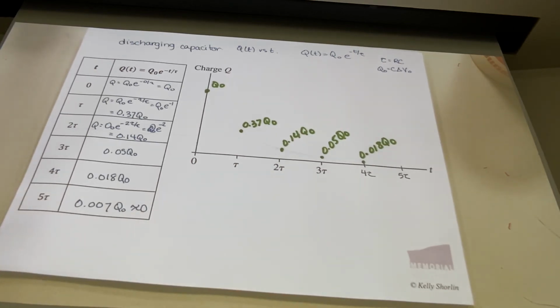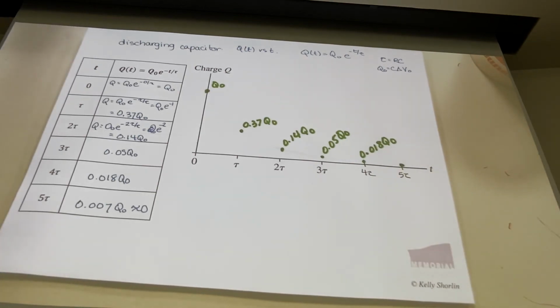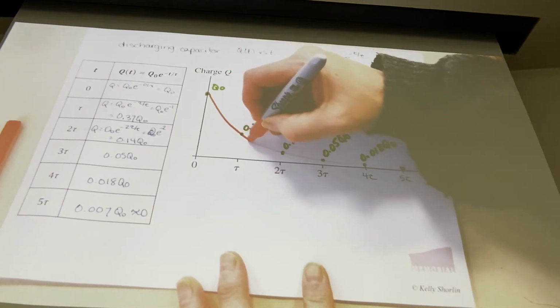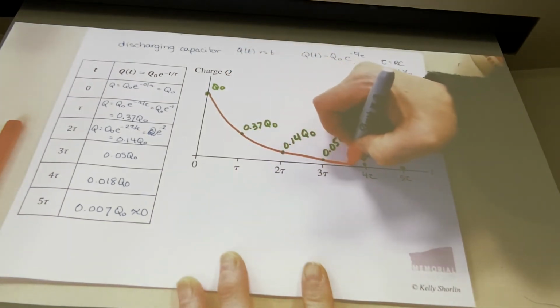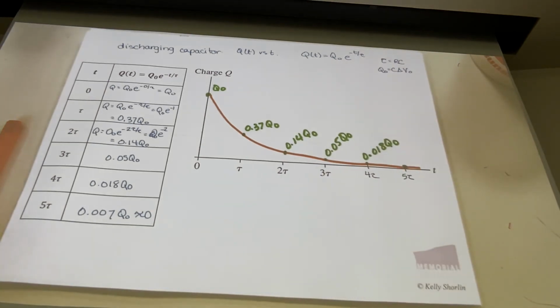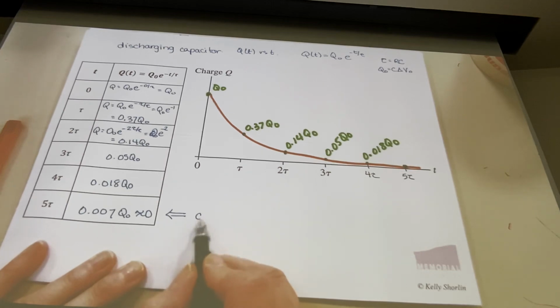It's close enough. So after 5 time constants, we're down to about here. Then if you draw the graph, you get that exponential decrease. So after 5 time constants, we say that the capacitor is discharged.